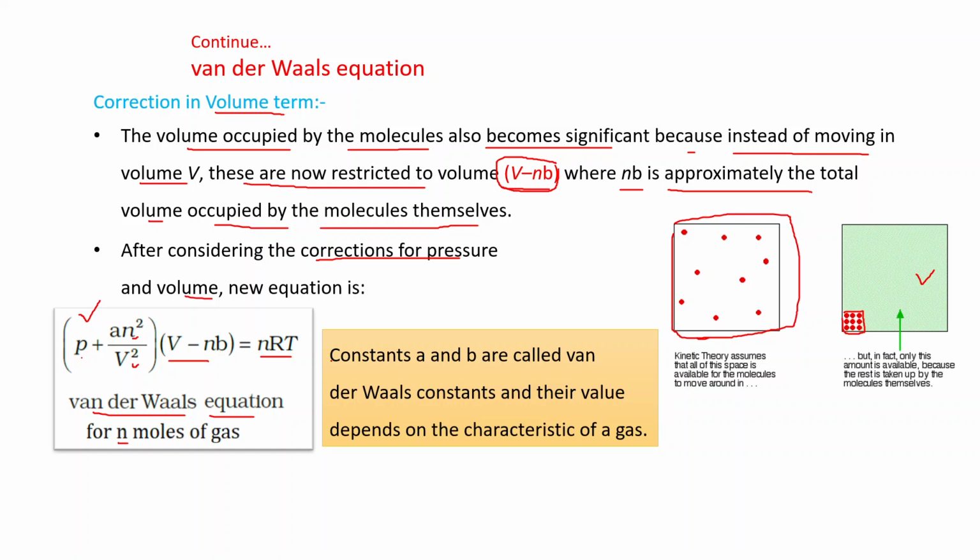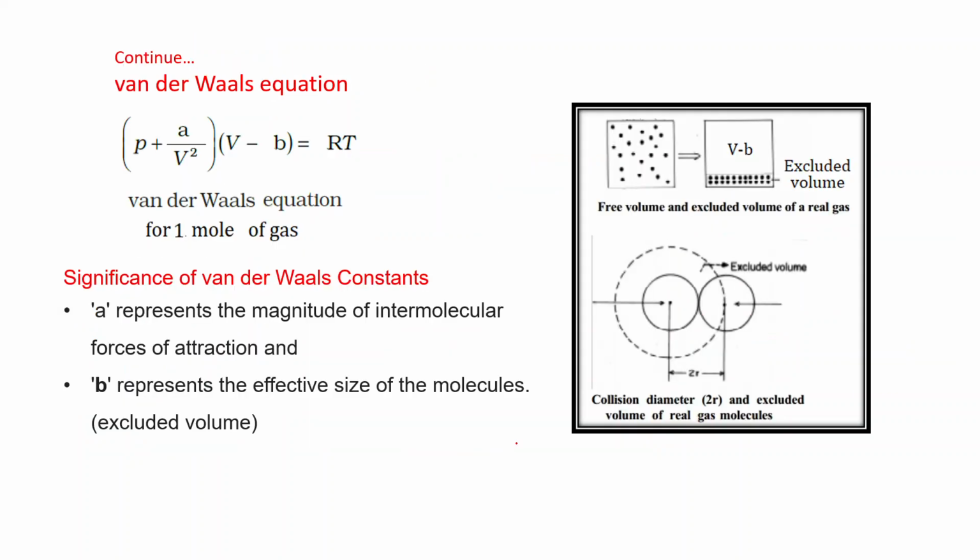These constants a and b are called van der Waals constants, and their values depend on the characteristics of a gas. This van der Waals equation can also be written for 1 mole: P plus a by V square, times V minus b, is equal to RT. This is for 1 mole.